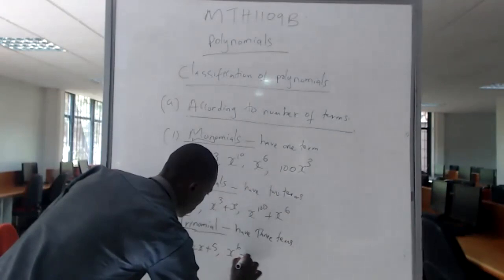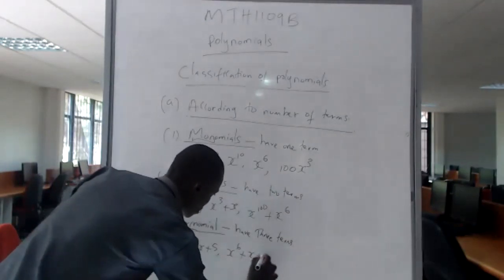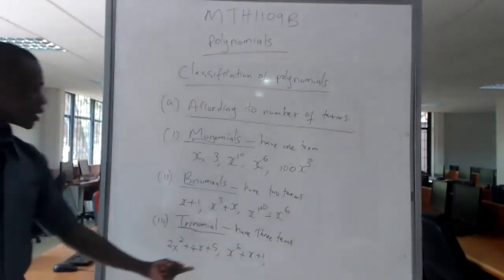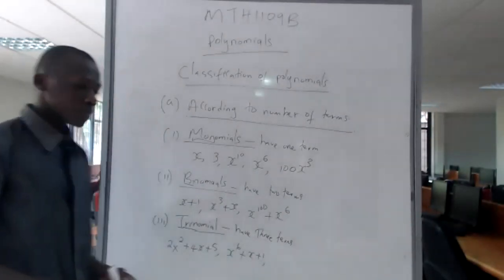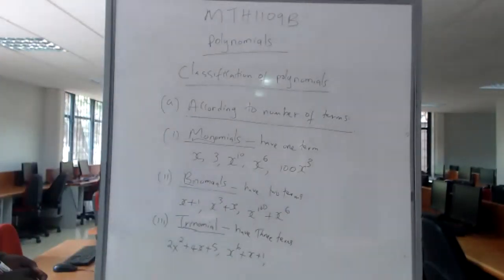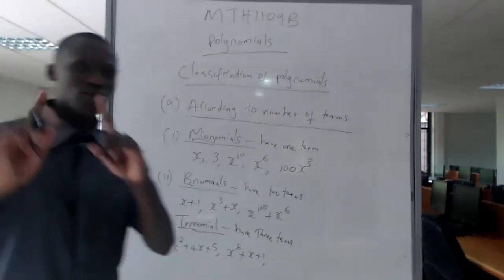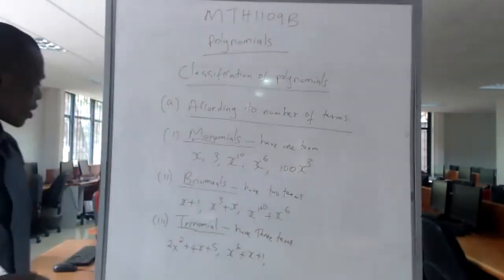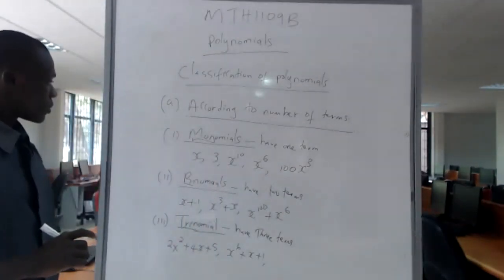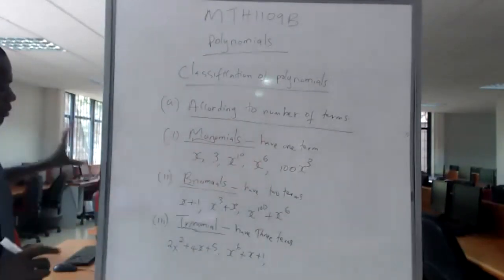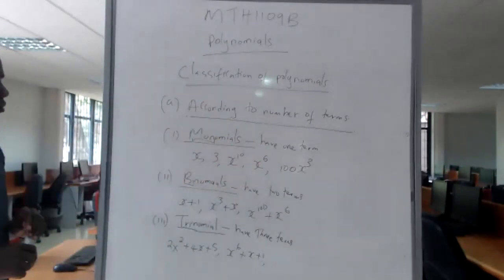Example, x to the 6 plus x plus 1 has three terms, so this is a trinomial. So monomials have one term, binomials have two terms, and trinomials have three terms. You just count the number of terms in your expression.